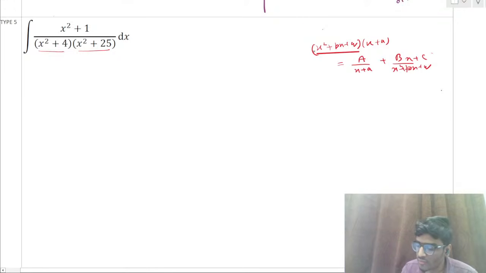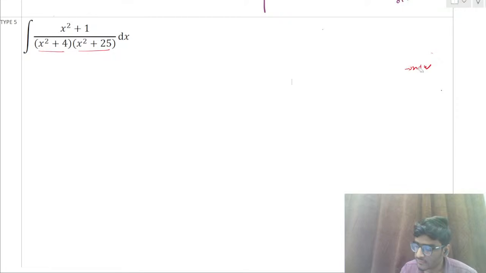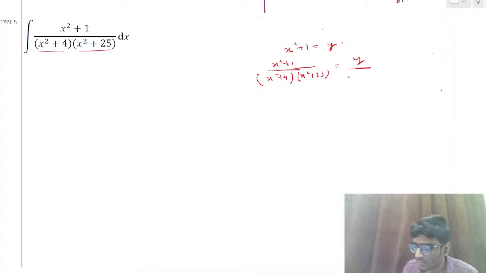So first we are going to take this x square plus 1 as y. When we take x square plus 1 as y, this integral, x square plus 1, x square plus 4, x square plus 25, can be written with y upon.